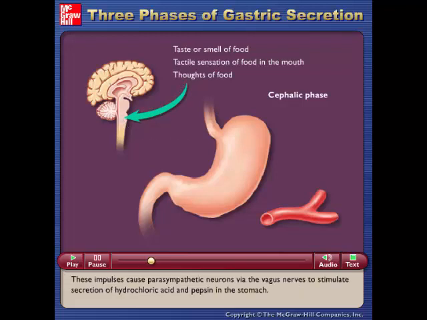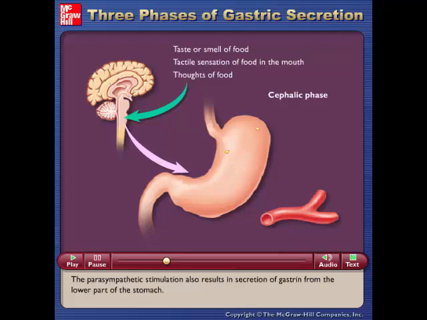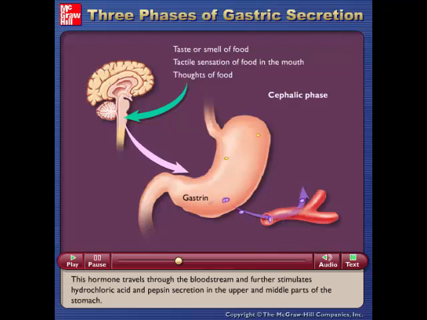These impulses cause parasympathetic neurons via the vagus nerves to stimulate secretion of hydrochloric acid and pepsin in the stomach. The parasympathetic stimulation also results in secretion of gastrin from the lower part of the stomach. This hormone travels through the bloodstream and further stimulates hydrochloric acid and pepsin secretion in the upper and middle parts of the stomach.